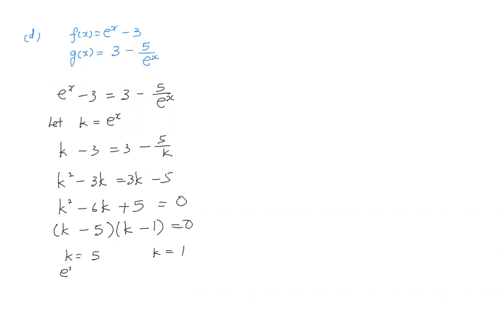So e to the power x is equal to 5, so x equal to ln 5. e to the power x is equal to 1, so x equal to ln 1 is equal to 0.